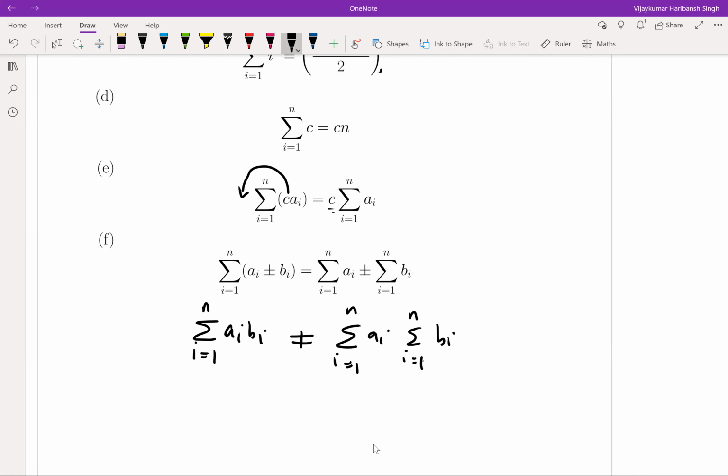So this is not true for multiplication, neither is it true for division. So you have to be careful about those things.